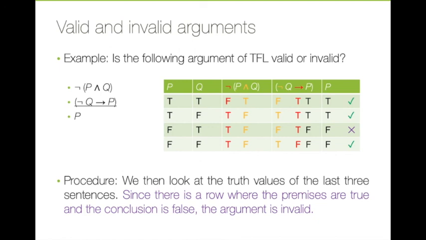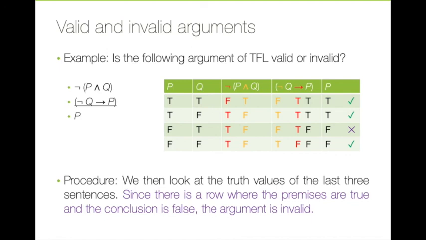Looking under the main connective, again in red, for each of those premises, we see that in the third row, the first premise, not P and Q, is true, and the second premise, if not Q, then P, is also true, while the conclusion is false.